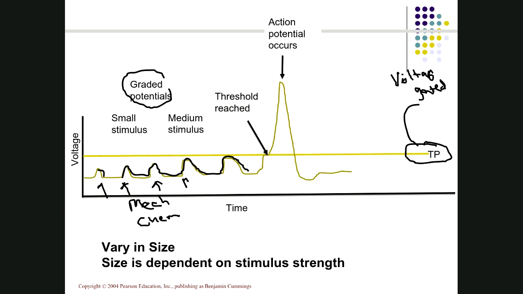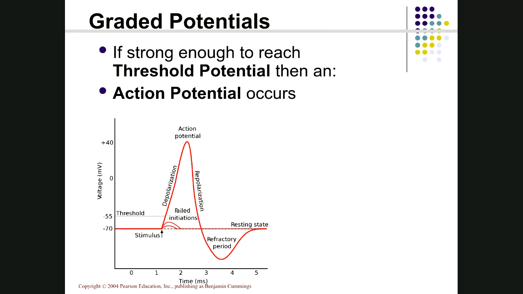But if you do reach threshold, these voltage-gated channels are going to become involved, and we're going to get an action potential. And the action potential is going to go through this whole set of steps. And when you get an action potential, it's going to look like this. But again, you must reach threshold.